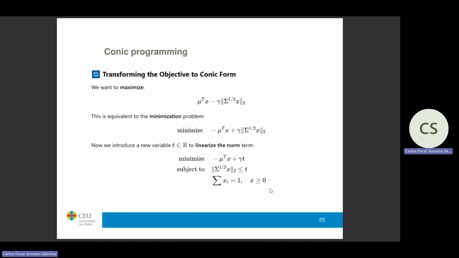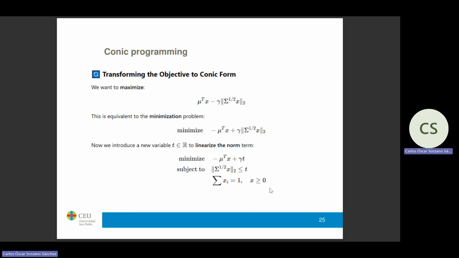Okay, so we want to maximize this, and this is the same as minimizing this thing. And then the trick here is, I will call this thing t. If I call it t, now this is a linear term.